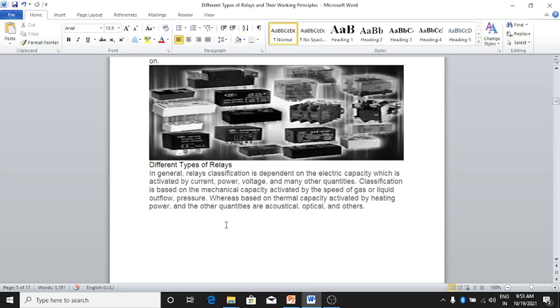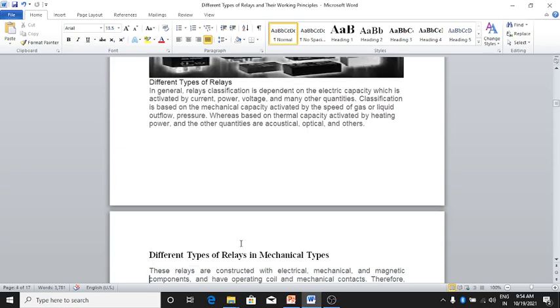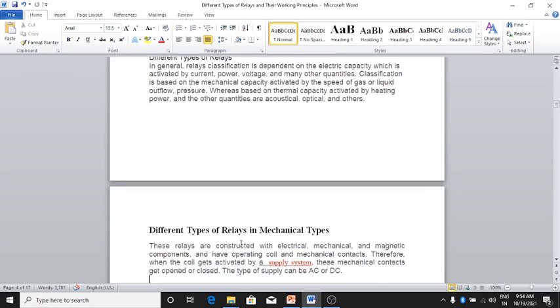The other quantities are acoustical, optical, and others. Clear? For classification of relay, we have to consider the electric capacity, which is activated by current, power, voltage. For mechanical capacity, the quantities to consider are thermal, power, outflow, pressure, gas, and speed.